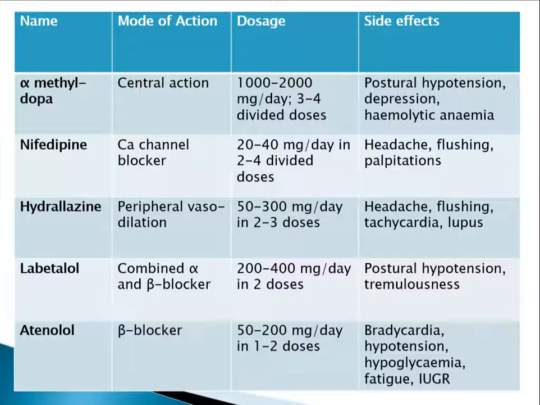They're available as 100 milligram tablets. An intravenous preparation is also available, 10 milligrams per ml, which is used for reducing acute rise in hypertension. Then 200 to 400 milligrams per day in 2 doses. The side effects are postural hypotension and sometimes tremulousness. That is mild, tremors like that.